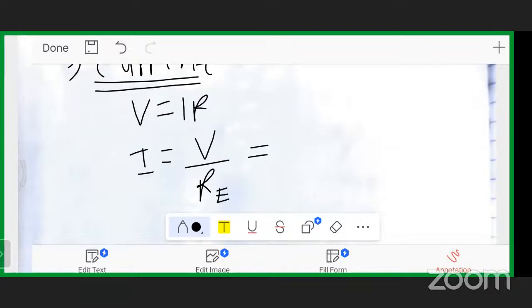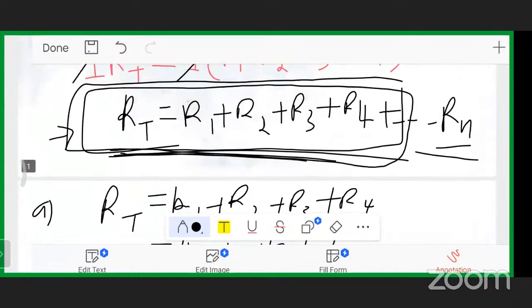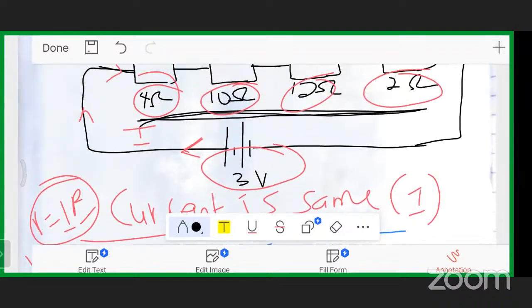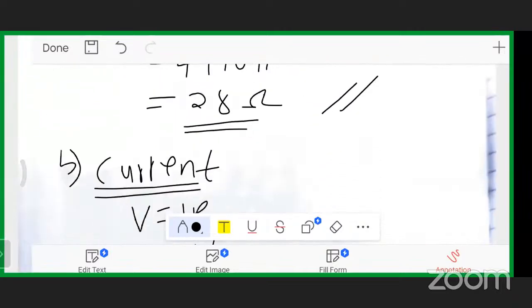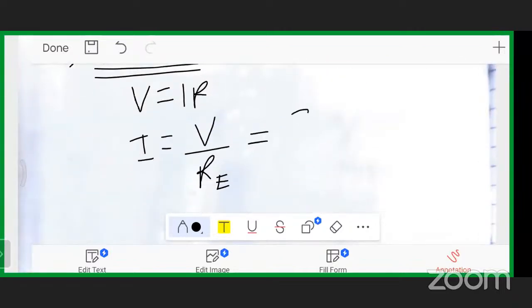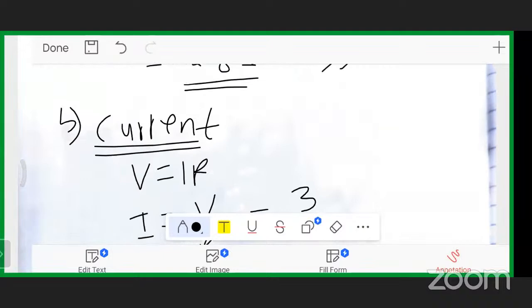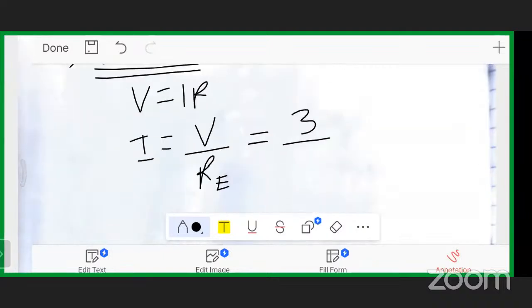The voltage connected was 3 volts coming in there. So we have 3 divided by the R effective, which is 28. That will give you the total current flowing in that circuit.